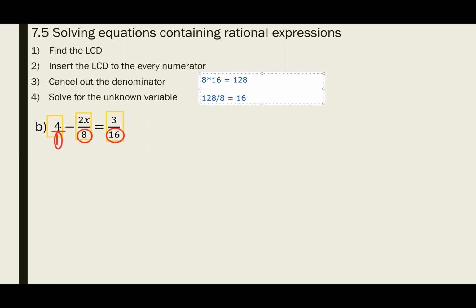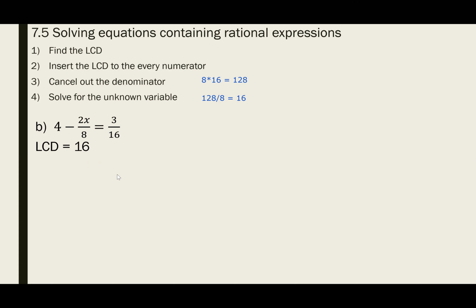In this case, the LCD is 16. If you want to use the 128, that's perfectly fine, but 16 will work out the same way, okay? Sometimes you don't want to work with a big number, but if you have a calculator, you can work with a big number, okay? So we find the LCD.